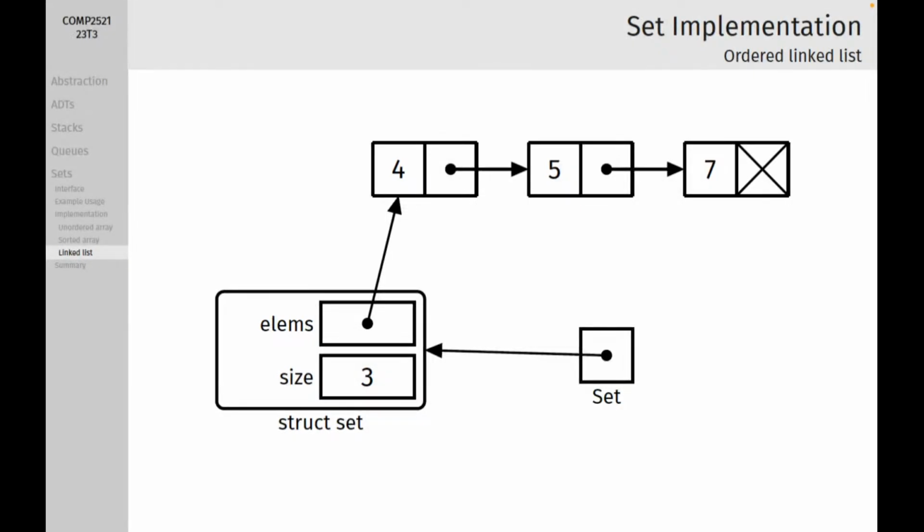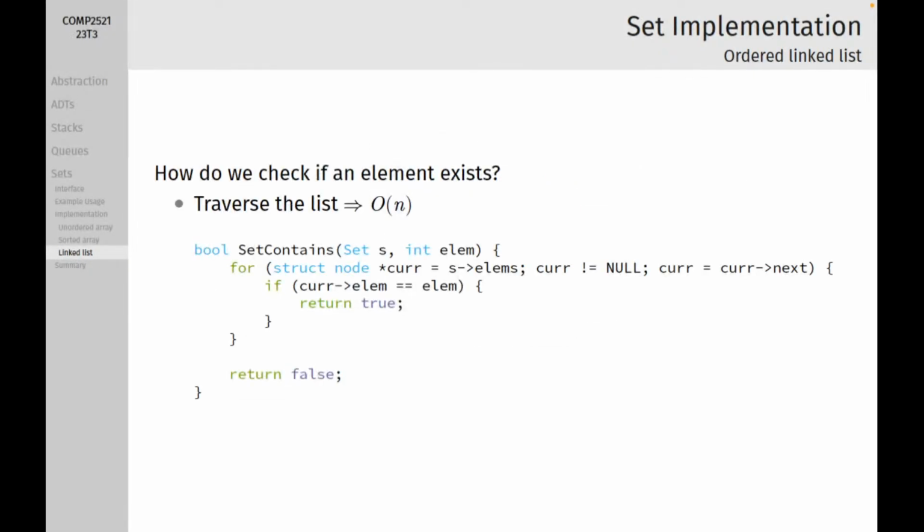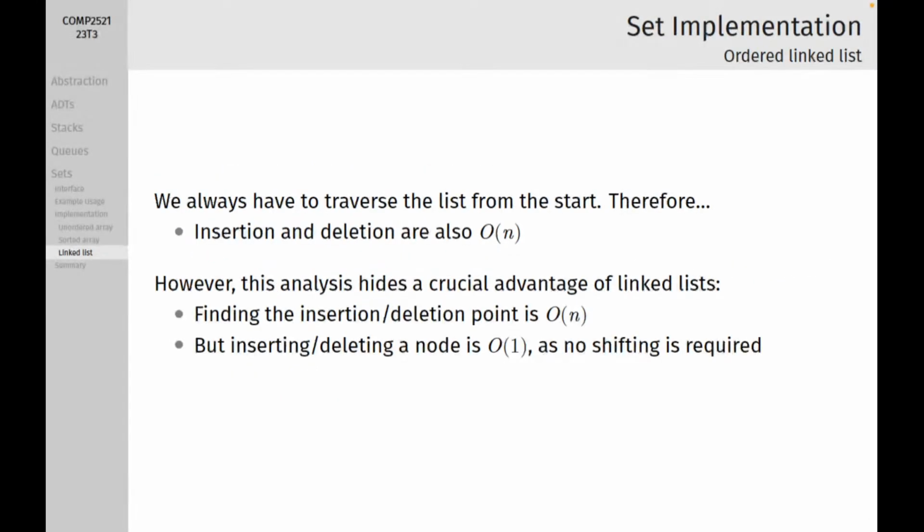So finding anything would be O(n), and you'd be mostly right. To check if an element exists, we just traverse the linked list until we find the element, which is O(n). We have to traverse from the start no matter what we do, so insertion and deletion would also be O(n).